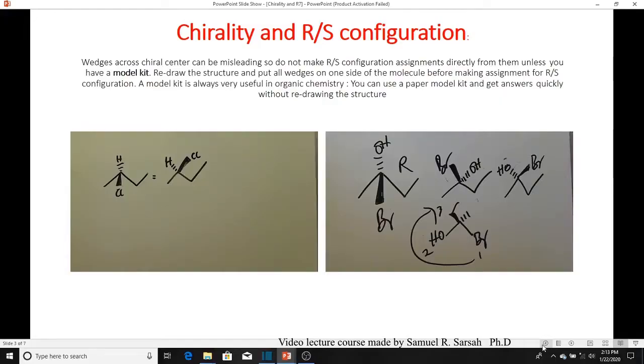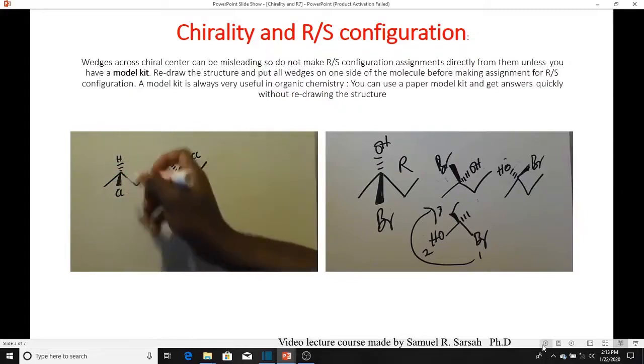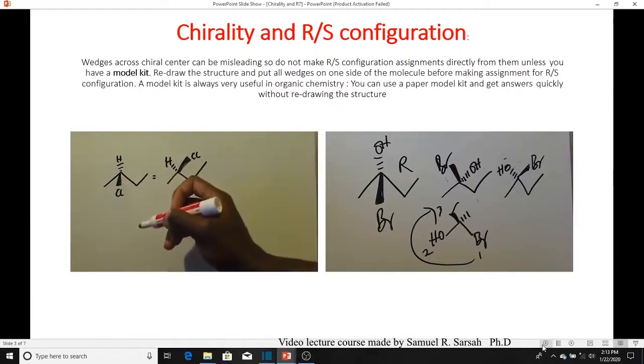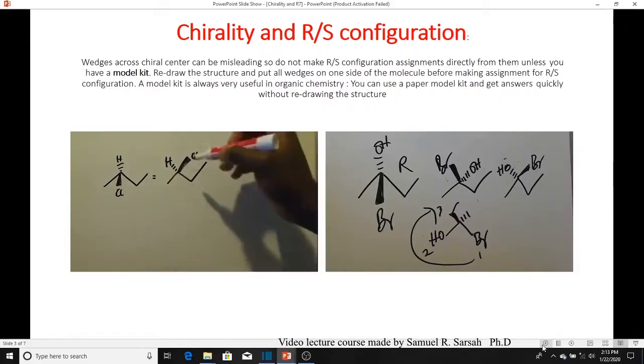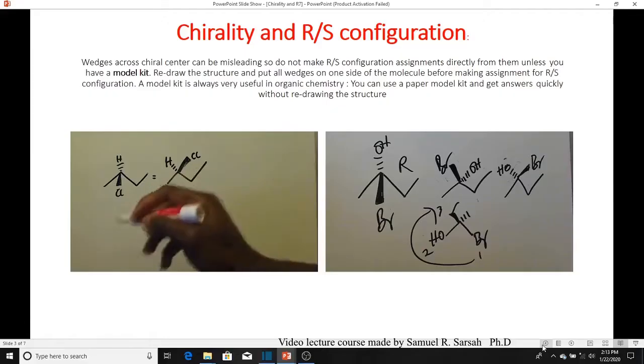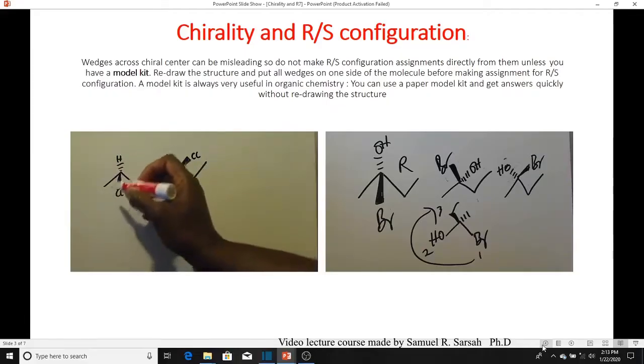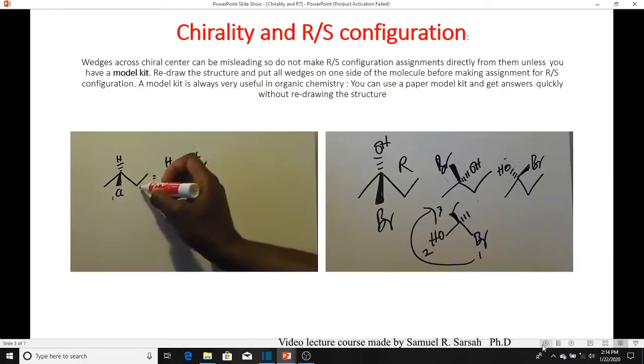So if you're just using this, you get the wrong answer. But if you use this, you get the right answer. So if I use this to assign the R and S configuration, I'll get this highest priority followed by this.